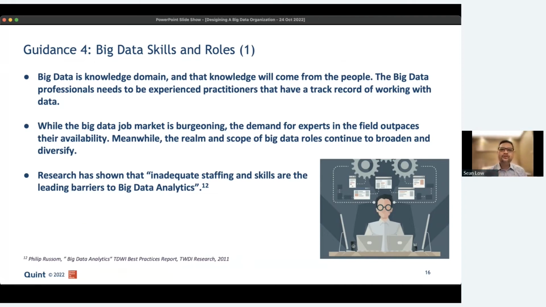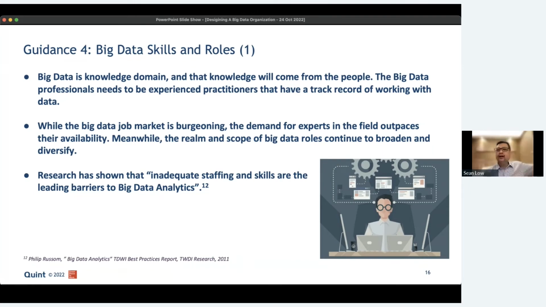While big data jobs are very attractive, a lot of organizations are looking for big data people. We need to be able to make sure that we get the right people, right? According to TWDI research in 2011, it shows that inadequate staffing and skills are the leading barriers to big data analytics.